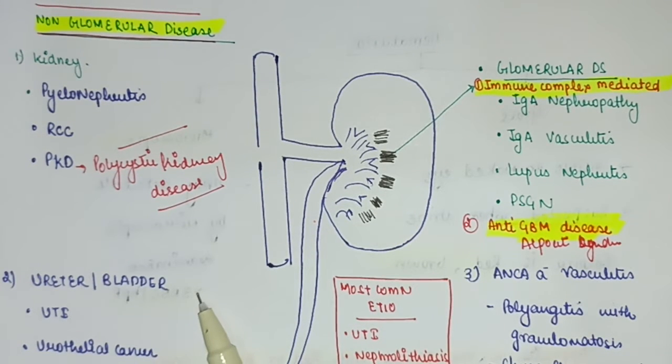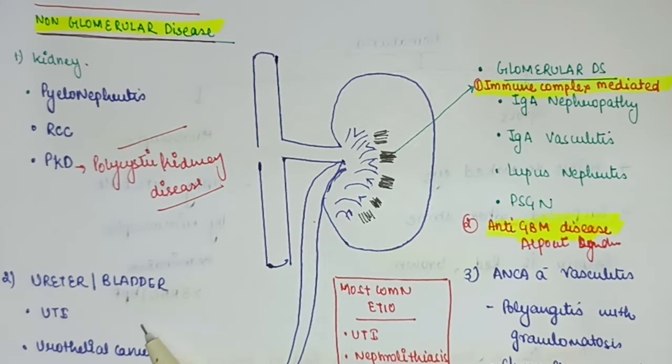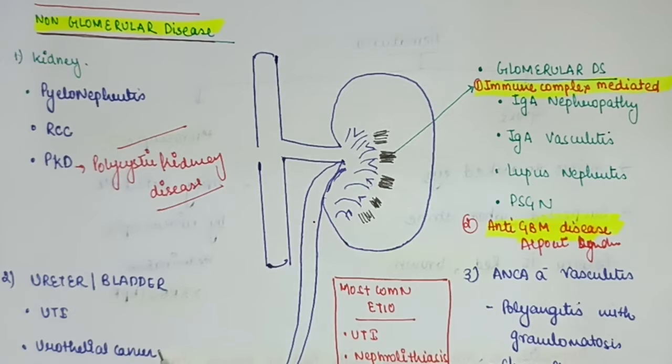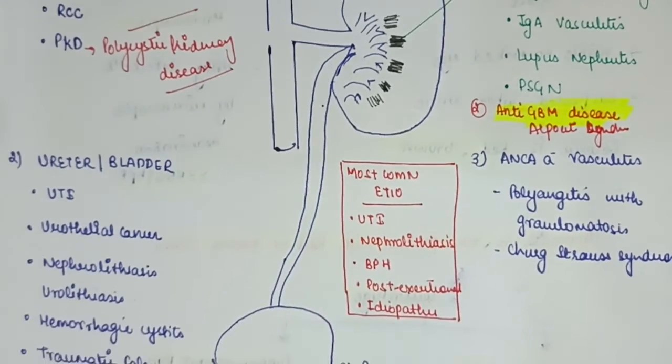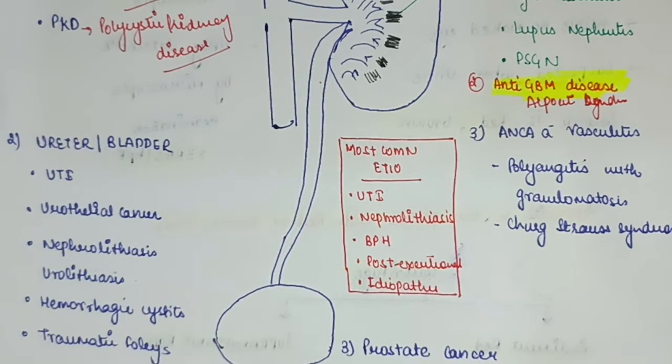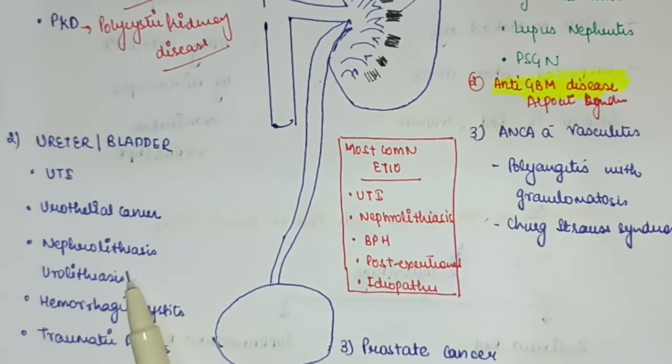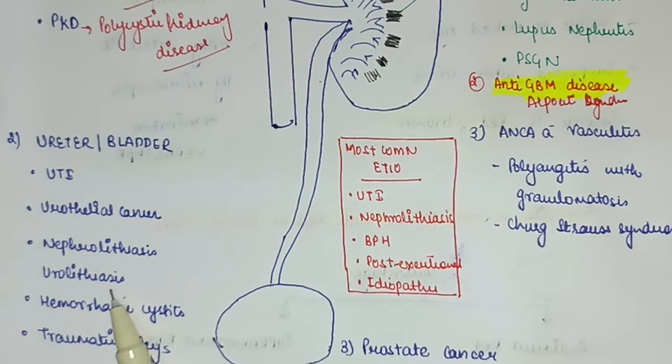Next, moving to ureter and bladder. In ureter or bladder diseases, UTI is a common cause of hematuria and proteinuria also. In the elderly, always rule out urothelial cancer. In case of visible hematuria, the most common cause in the elderly is urothelial cancer. But even if the hematuria is microscopic, always rule out urothelial cancer. Then nephrolithiasis and urolithiasis are important causes of hematuria.